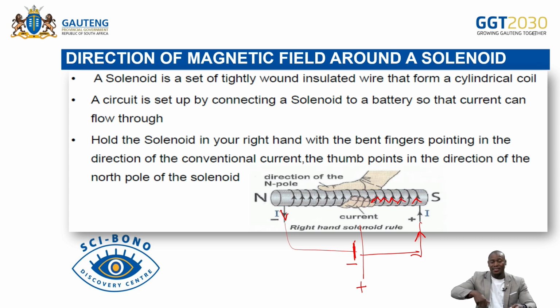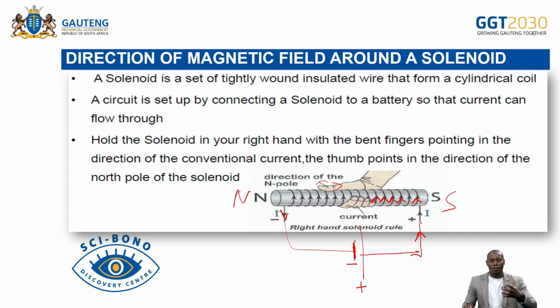Just see on that diagram, look at the solenoid, the bent fingers are following the direction of the conventional current. And then look at the thumb here. Where the thumb is facing, this side we are going to have the North Pole, and this side we are going to have the South Pole.